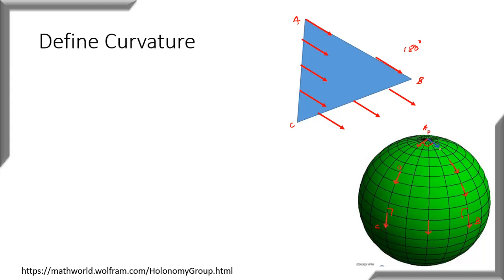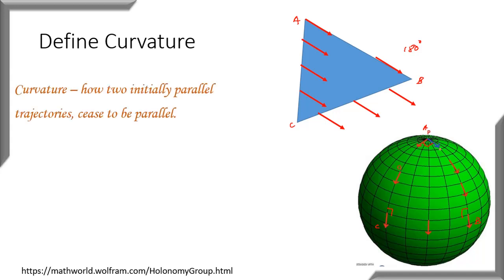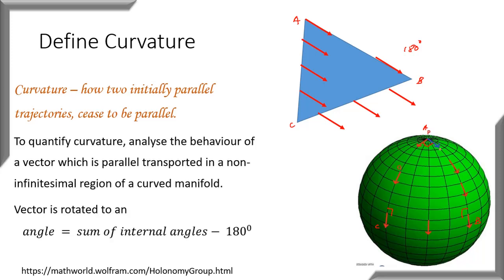And how much it is curved? It depends on how much the initial and the final vector varies. If you try this parallel transport on a torus, then you can see that the difference between the initial and the final vectors varies significantly. So I define curvature as how two initially parallel trajectories cease to be parallel at some point.